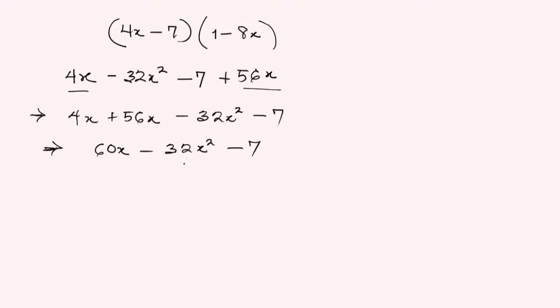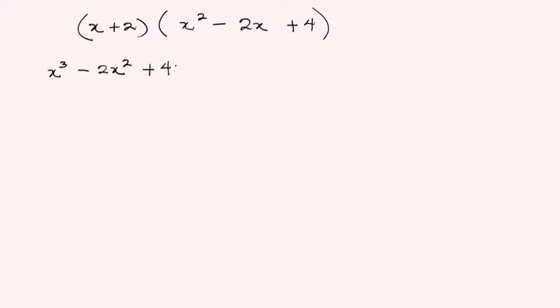So the right way to write this polynomial would be minus 32x squared plus 60x minus 7. So the highest order comes first, which is x squared, and then we write the powers in decreasing order. Here we have x raised to power 1, and then here there's x raised to power 0, obviously. And so this is our final answer.